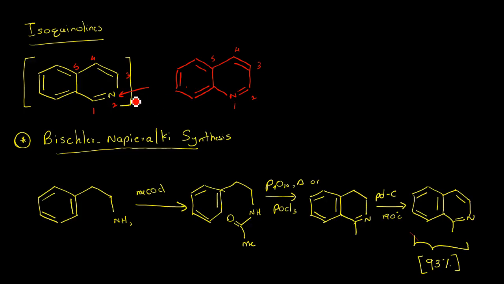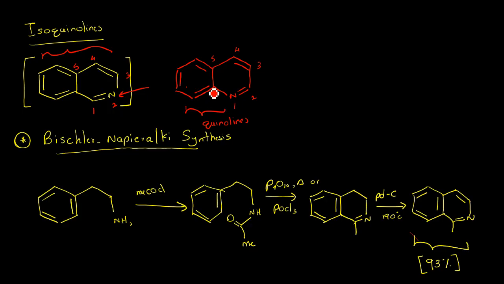Okay, so the numbering system is wrong, right? What I wanted to highlight is the position of the heteroatom, otherwise the nitrogen atom. This is quinoline. This is isoquinoline. The only difference between isoquinoline and quinoline is the position of the nitrogen atom, right?